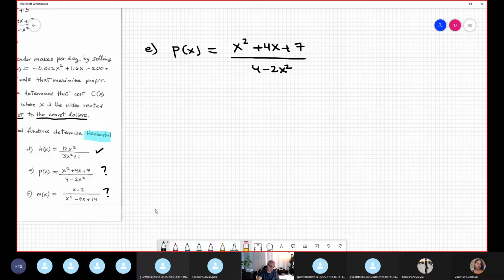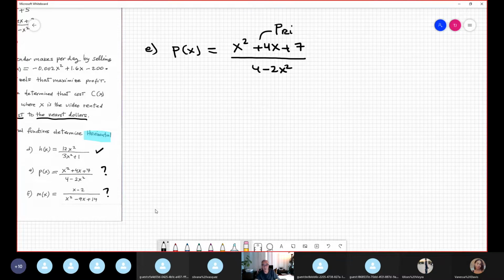It's not factorable because there is no combination. Let me check it in my calculator just in case. Let me try to factor this trinomial, and the calculator gives me the same. So this is prime.